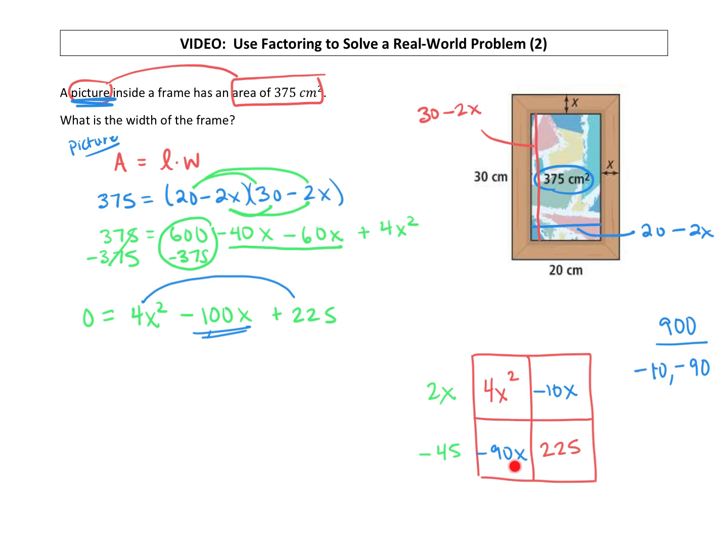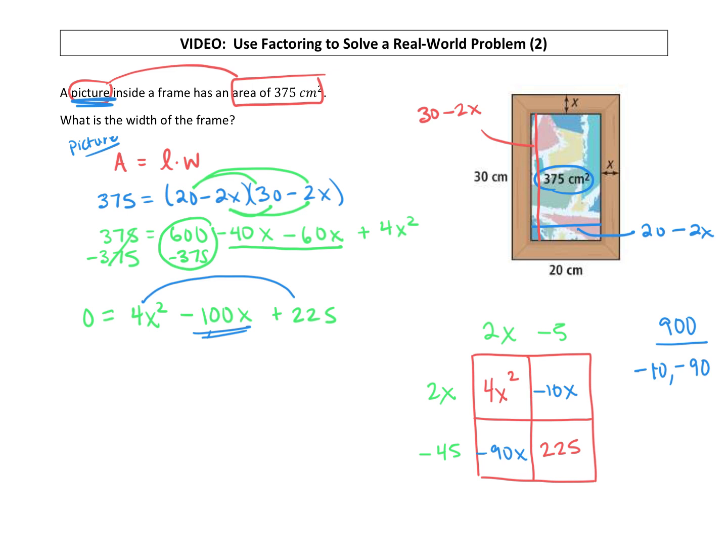So 4x squared and negative 90x, the leading term is positive, so that's going to be a positive. That's also going to be a 2x. I know some of these aren't as obvious with these big numbers. Our next column, we need the GCF here. Leading term is negative, so I know it's going to be negative. And then a GCF for 10x and 225 is 5.